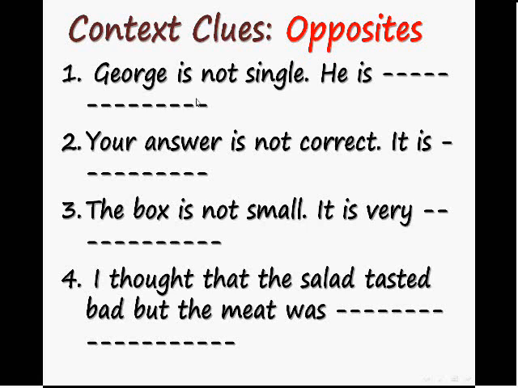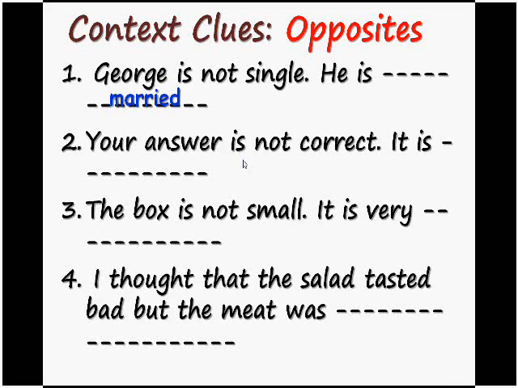Like number one, George is not single. He's what? If I have not single, then the opposite of not single is married. Then married means not single. Okay? So if I don't understand the word married, then it's easy to know that it means not single.